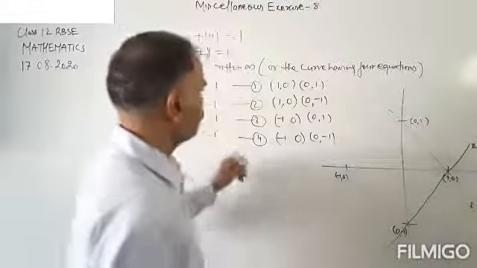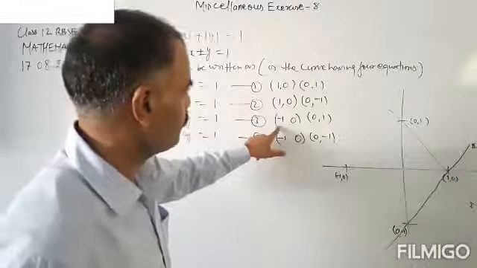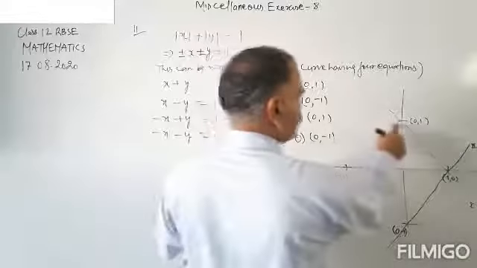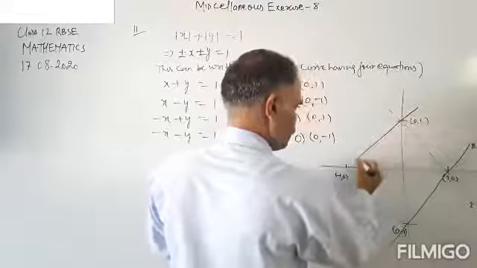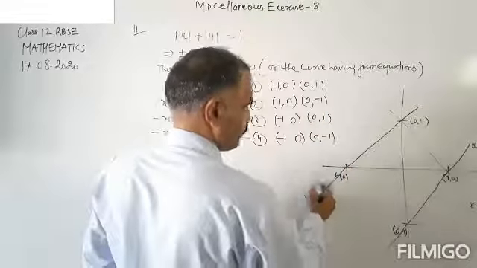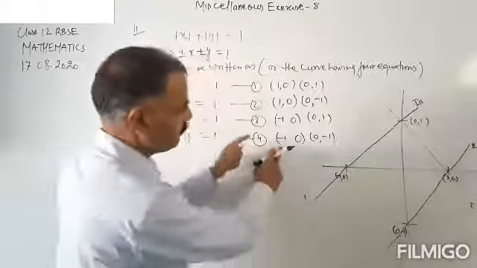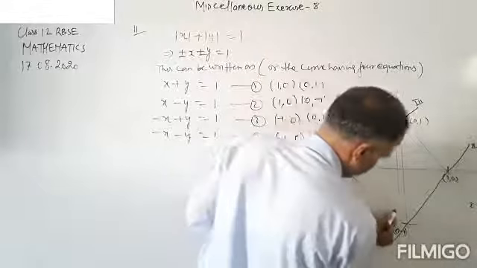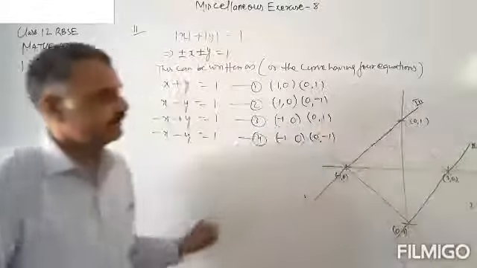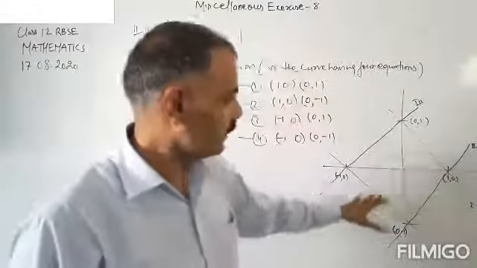Now the third equation. The third equation is (minus 1, 0) and (0, 1). So (0, 1) is common, and (minus 1, 0). This is the third equation. And after joining (minus 1, 0) and (0, minus 1), we will have the fourth equation. So we have a diagram like this.